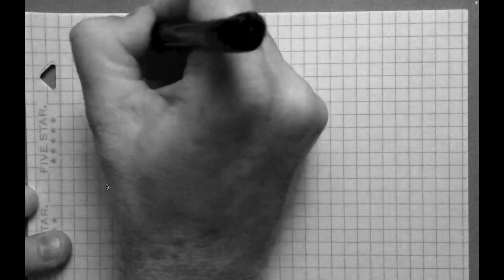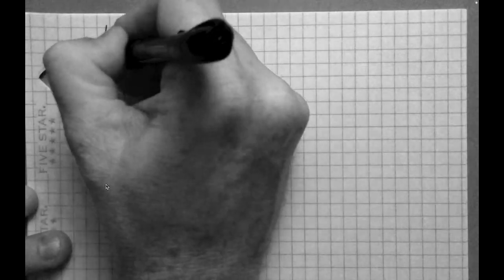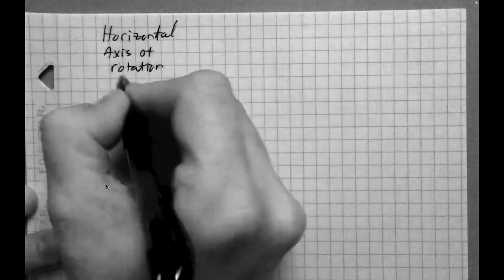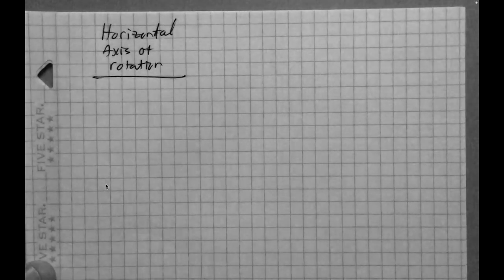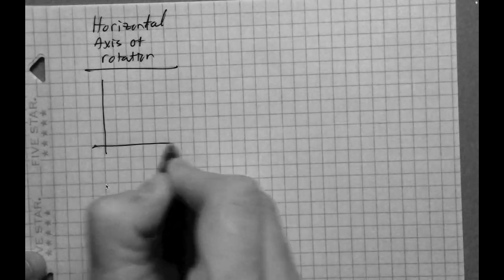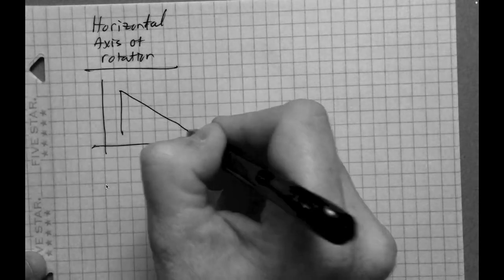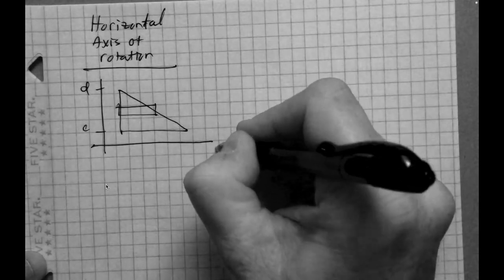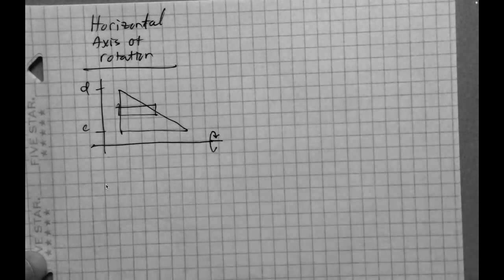So we've been talking about just the horizontal setup, so let's recap that. If you have a horizontal axis of rotation, that's what we've been describing. You have some shape, and your representative rectangles are going to be parallel to the axis of rotation.